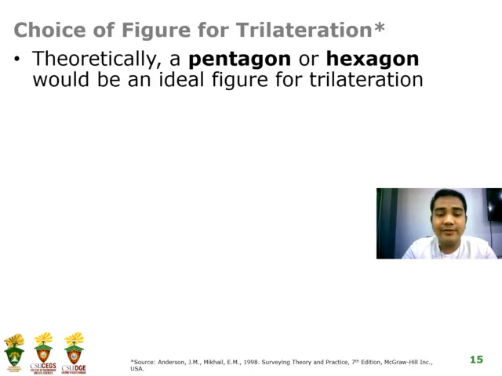For the choice of figure for trilateration, theoretically, a pentagon or hexagon would be an ideal figure for trilateration. So, unlike sa triangulation, di ba, perfect square o perfect na or equiangular, no? Equiangular nga triangle. Pero for sa trilateration, si pentagon daw and hexagon would be an ideal figure.